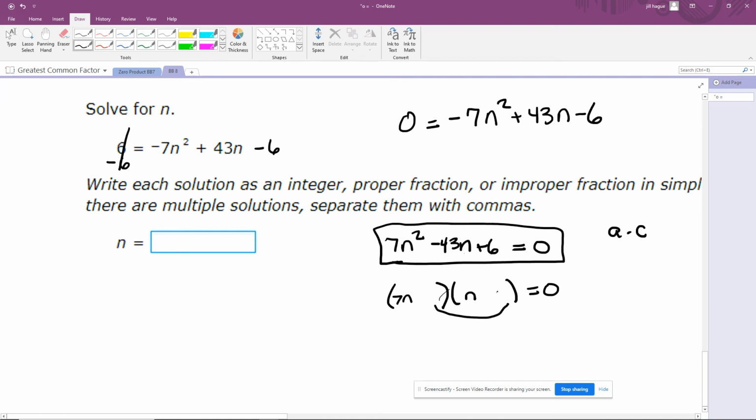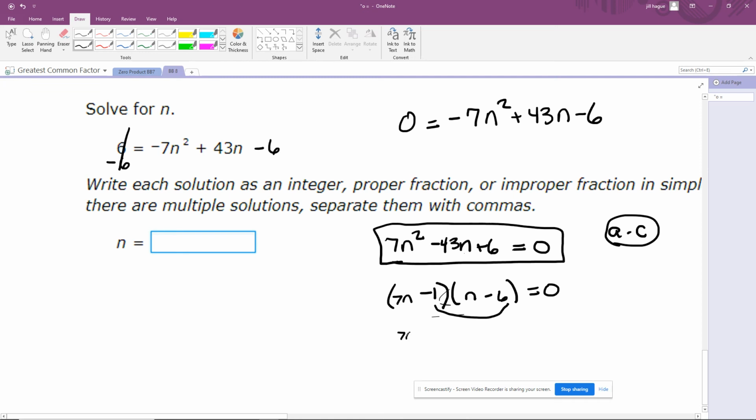Because I know that 6 and 1, if they're both negative, -6 times -1 is positive 6. -6 times 7 is -42. -1 times that is -1n. And if I add them together, I get -43n. So that's what you should get. If you do the A and C method and factor by grouping, you should get this same thing here.